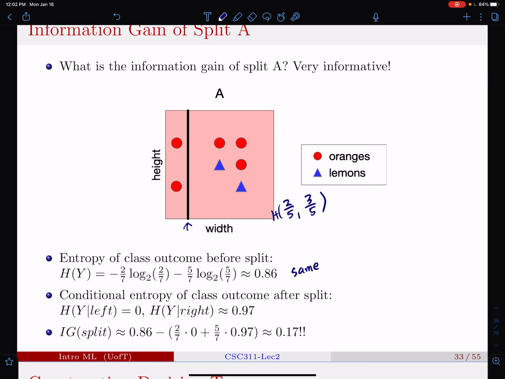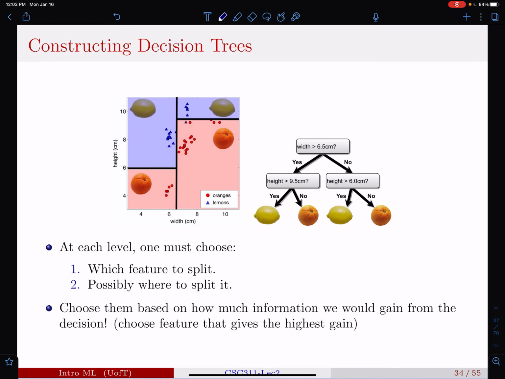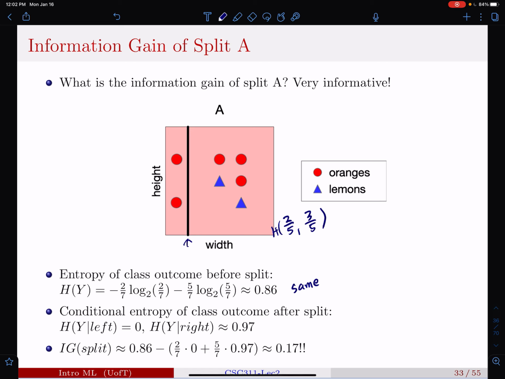We'll take a break in 10, 15 minutes or so. Any constraint for the split itself? In general, there are no constraints on the splits. We should consider all possible splits, but intuitively you want a split that gives you information gain.